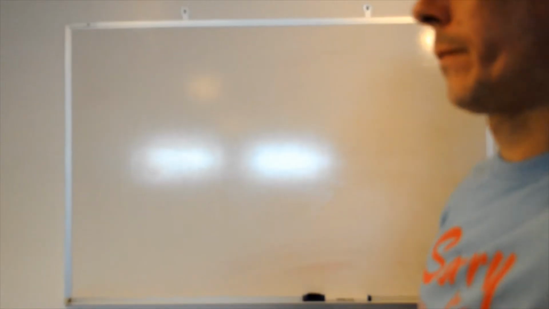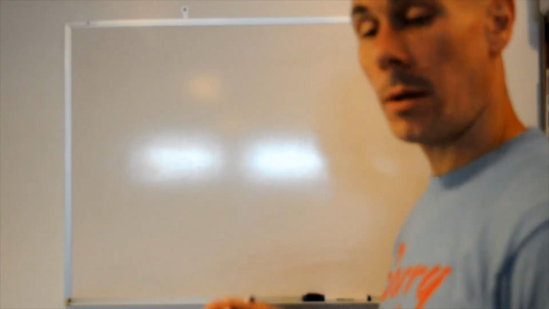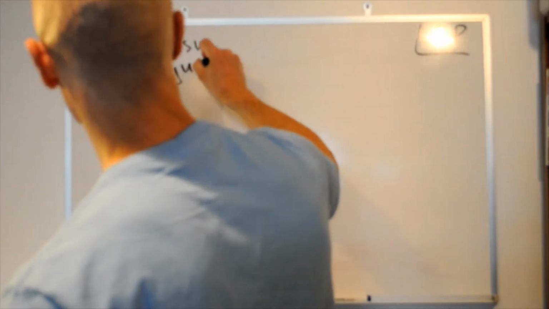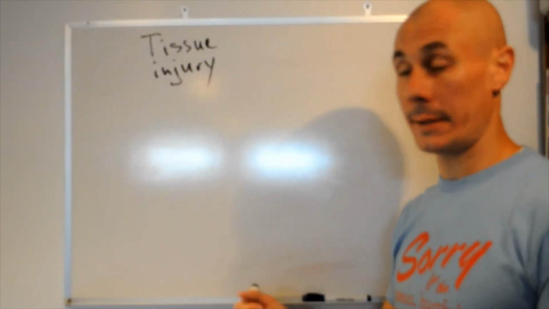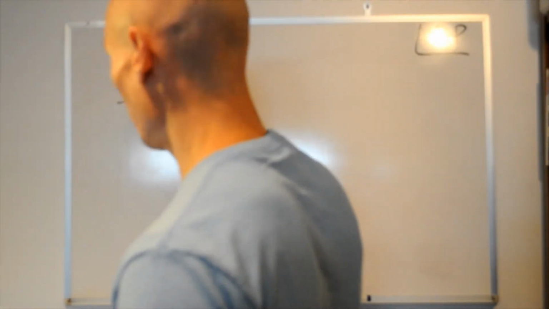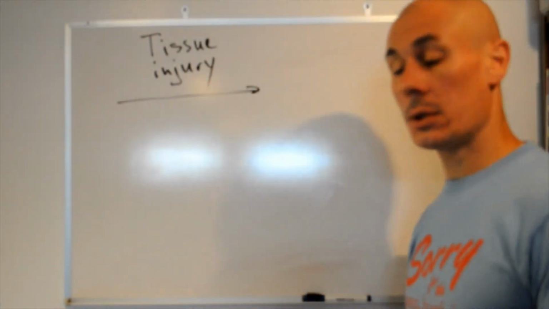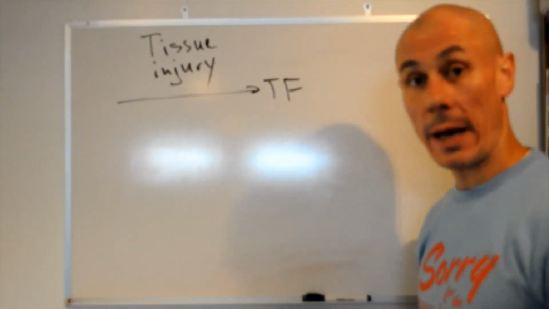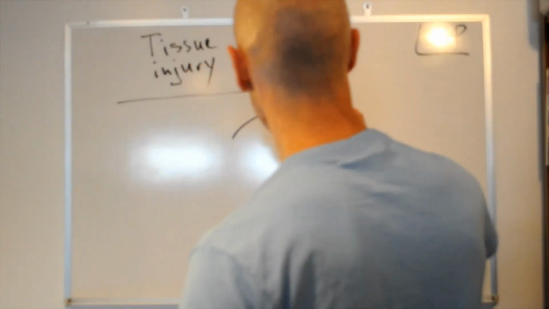So, the extrinsic pathway. In this case, you have some kind of tissue injury, not endothelial, but injury to the tissues that are outside of the vessel. Tissue injury leads to the generation and release of tissue factor, and tissue factor itself activates factor 7.